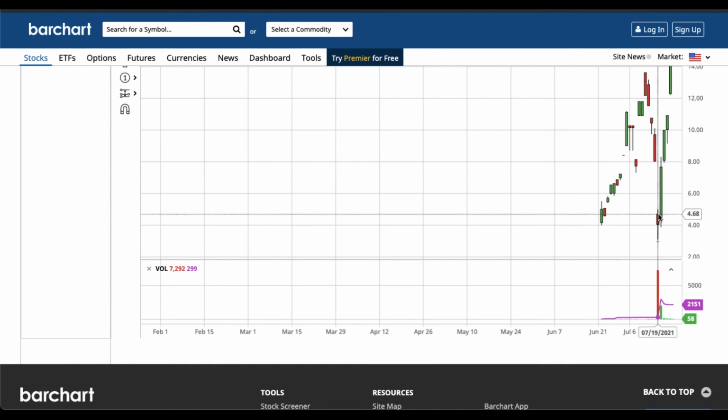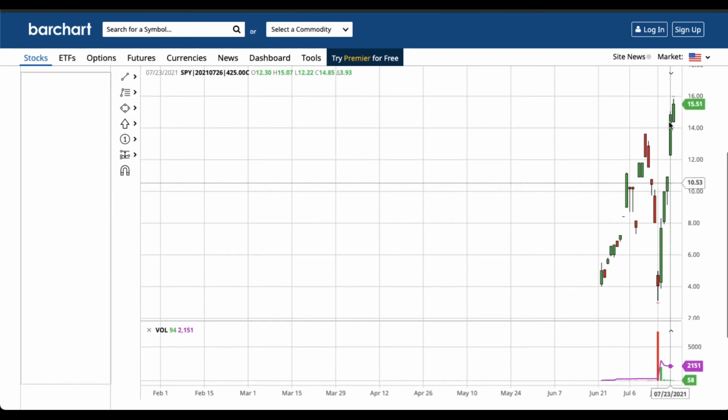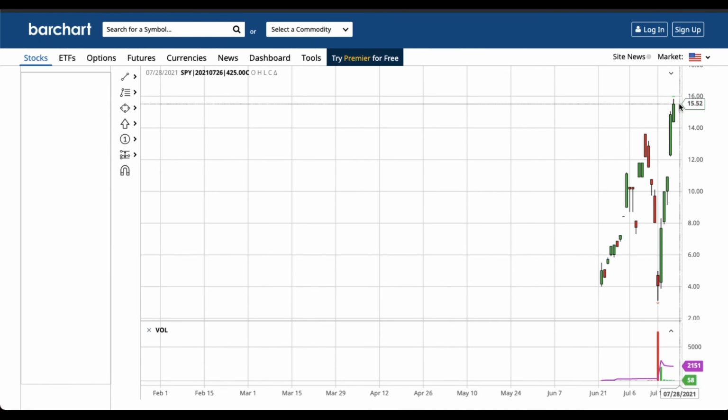But look at the movement. You bought it at $4. The next day it's $8. The day after that, $9. And it's just continued to go up. It's up at 15 right now, depending on where you buy your options, what the expiry is, how risky you want to play that.